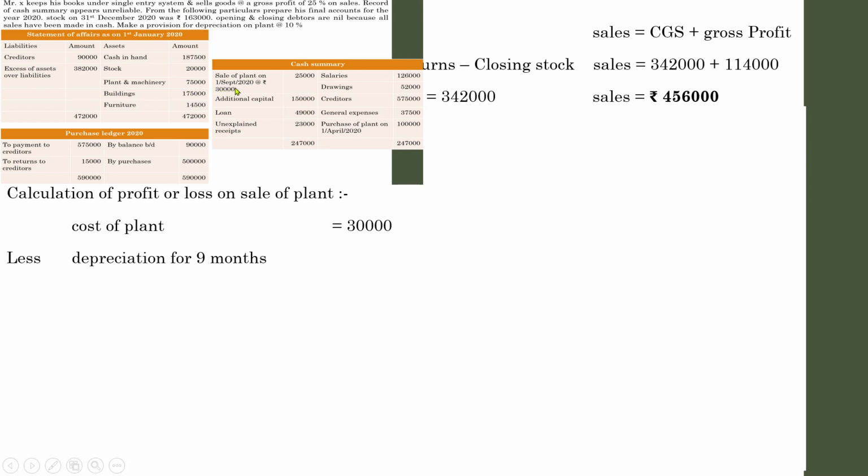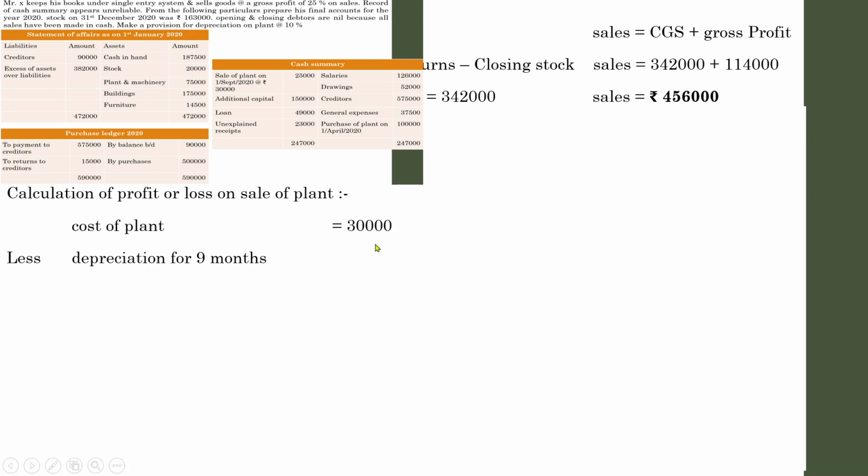The sale was carried out in September. The year begins from January. So from 1st January to 1st September, there are 9 months. This particular asset, the 30,000 value asset, was there in the business. So you have to provide depreciation until the sale date. Sale date means 9 months, the 9th month of the year.